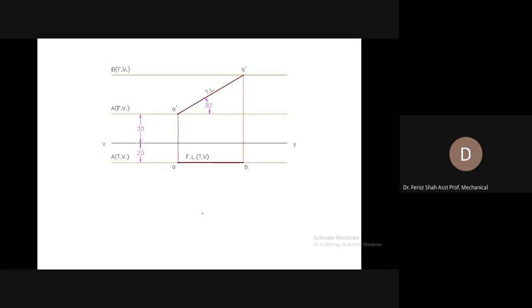Now for the second step, start from end A and assuming the line to be inclined to the vertical plane at 45 degree, draw a line making an angle of 45 degree of 80 mm starting from end A, and this line would end at this position. Name it as end B or B1 and also draw a locus line parallel to the XY reference.